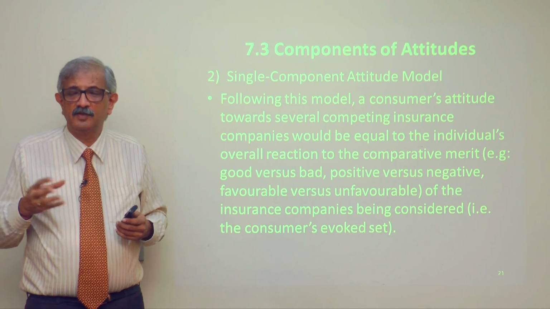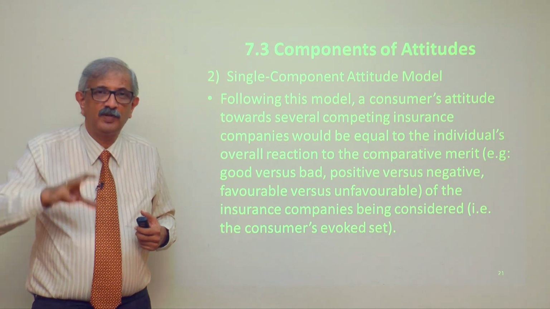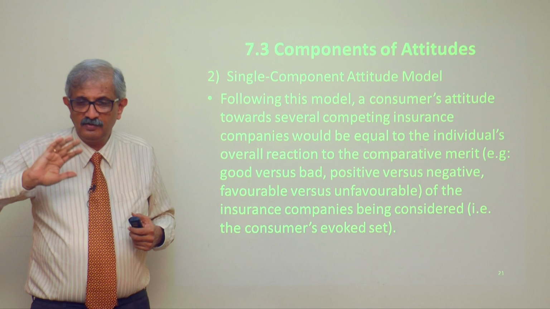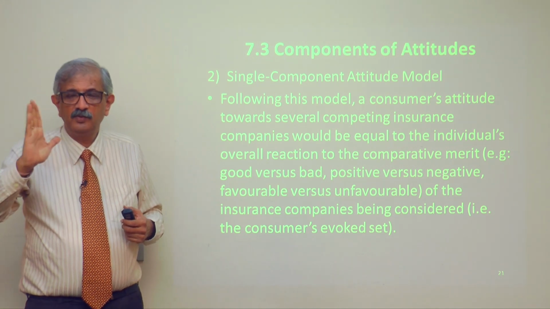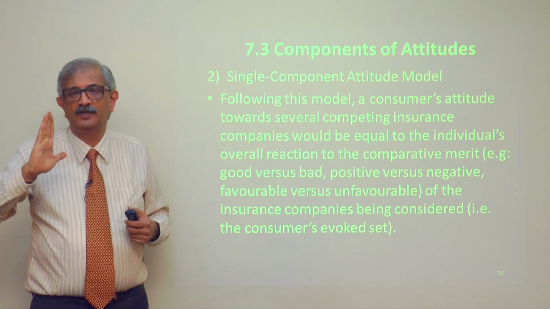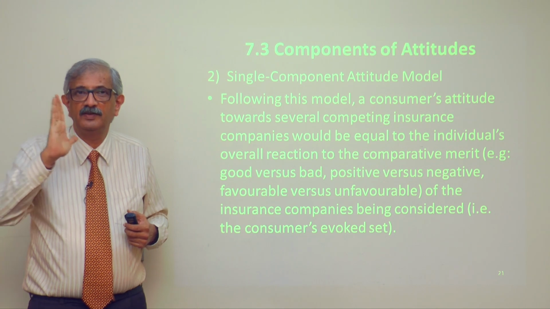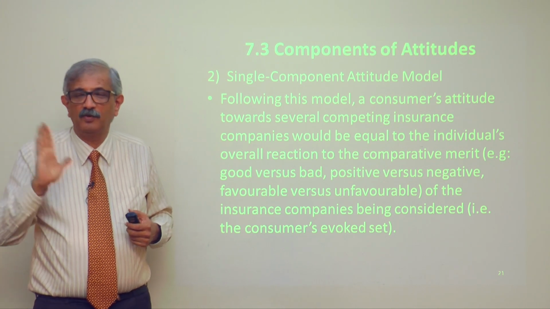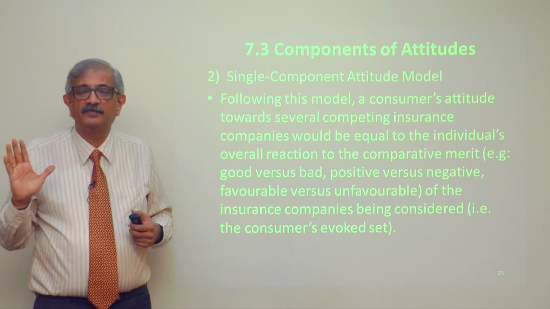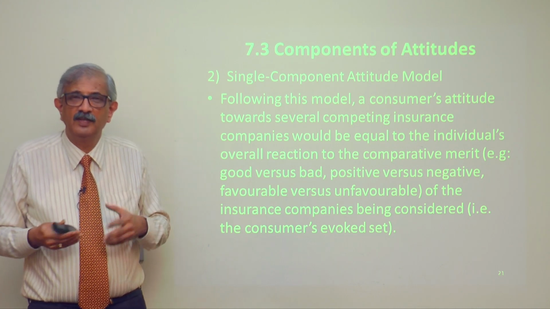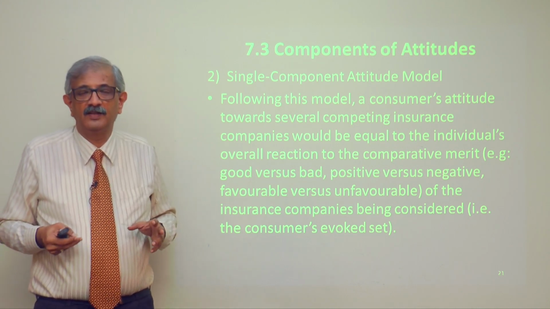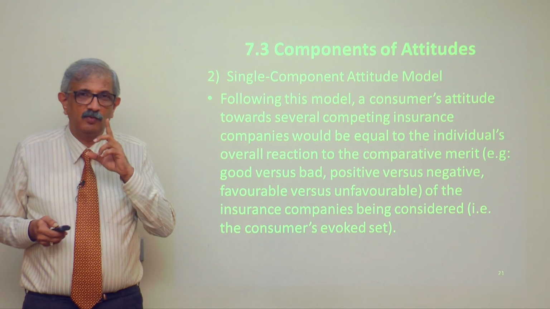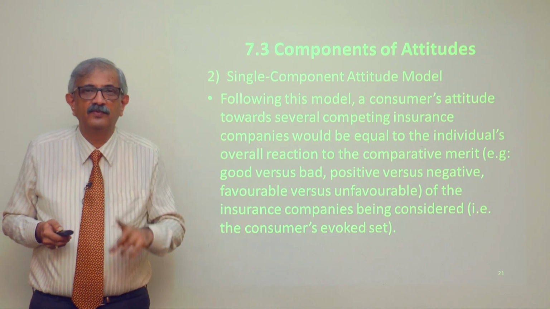So when you put up the name of the insurance company, the consumer will give you only the affective evaluation. They will tell you this company is good, this is bad, positive, negative views, favorably poised or unfavorably poised. That is what will be revealed. And so they believe that the single component, which is the affective component, is the driver of attitude.